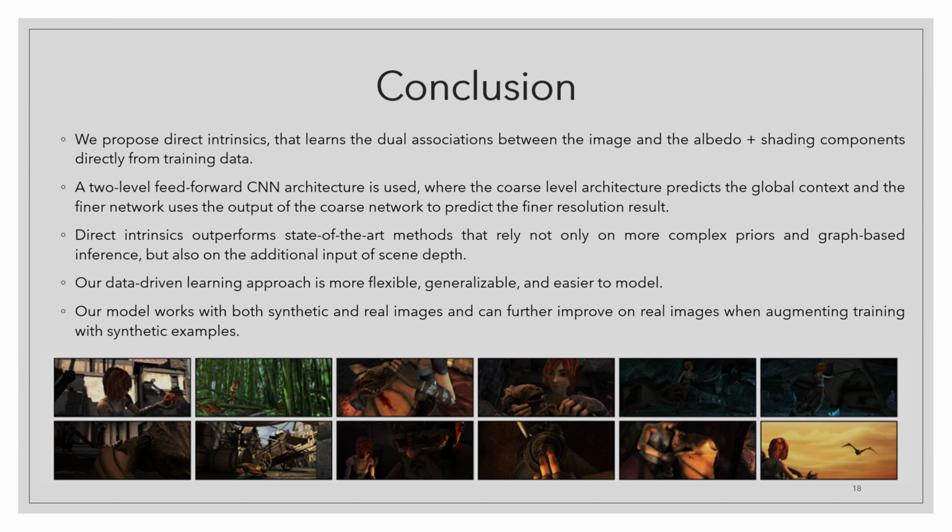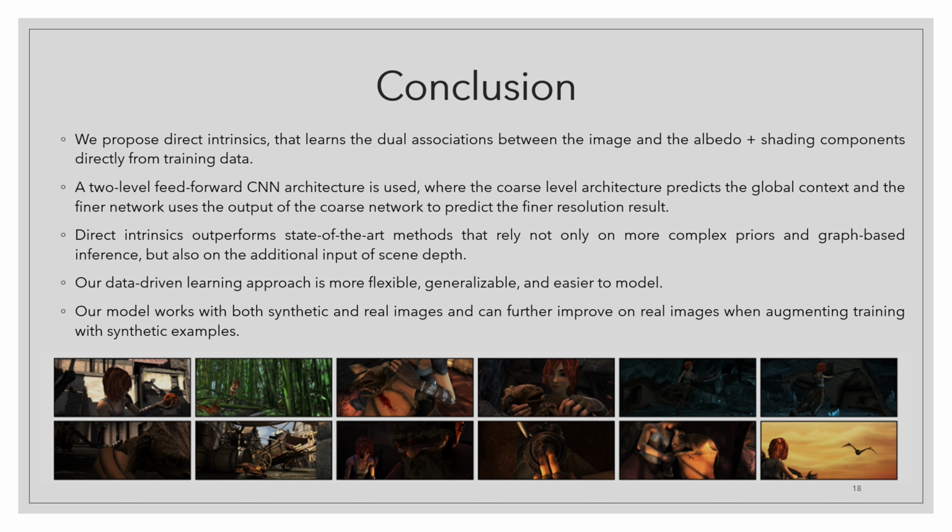We developed a 2-level feed-forward CNN architecture based on a successful previous model for RGB to depth prediction, where the coarse level architecture predicts the global context and the finer network uses the output of the coarse network to predict the finer resolution result.